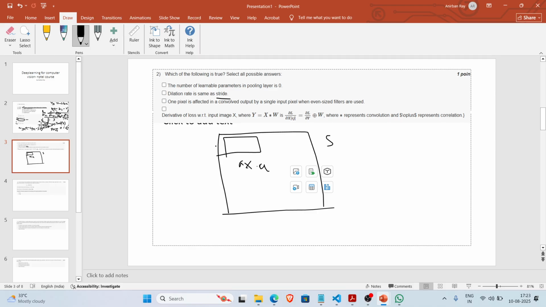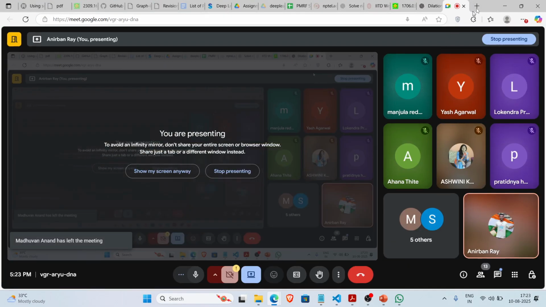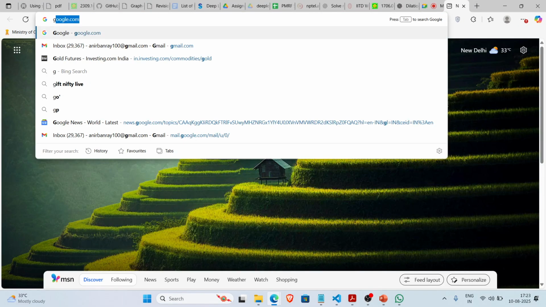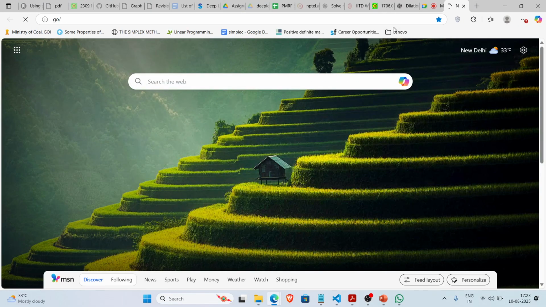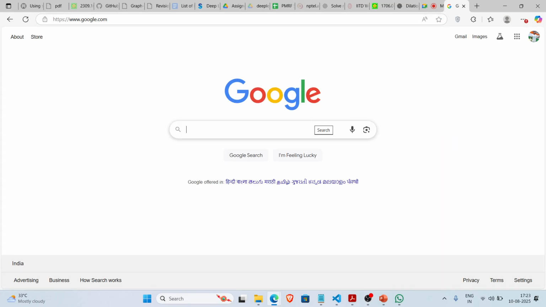There is also some gap taken sometimes, which is called, what was that? It is called padding.